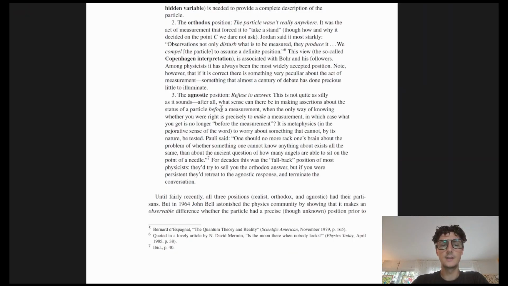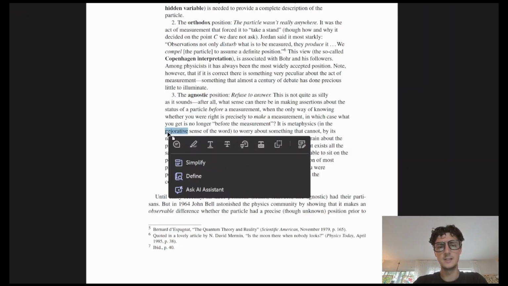This is not quite as silly as it sounds. After all, what sense can there be in making assertions about the status of a particle before a measurement, when the only way of knowing whether you were right is precisely to make a measurement, in which case what you get is no longer before the measurement. It is metaphysics in the pejorative sense of the word. Pejorative, I think, means bad.